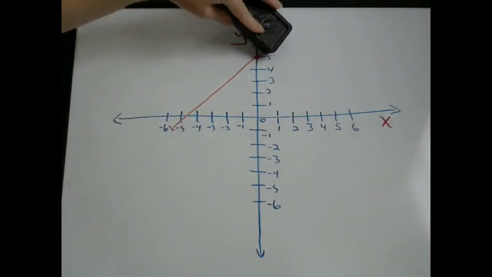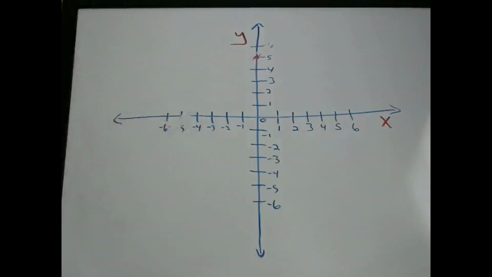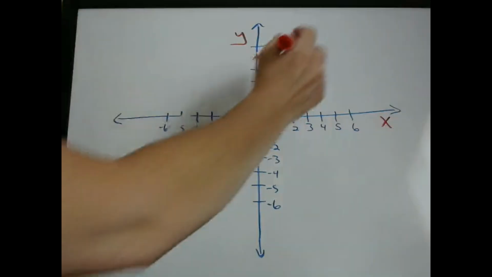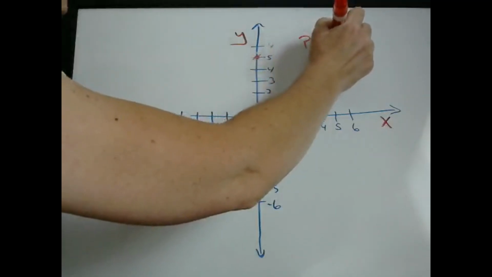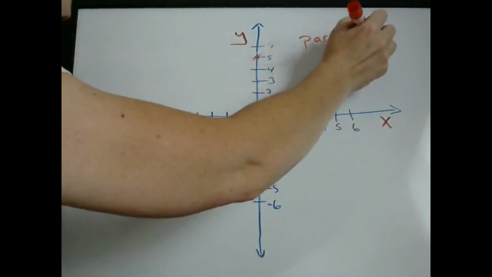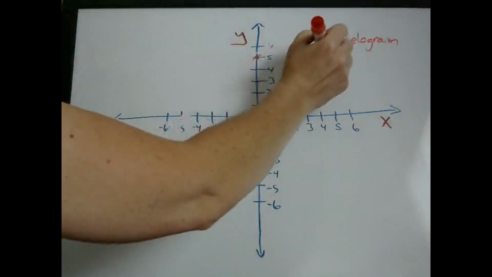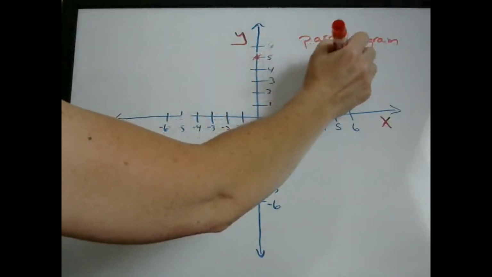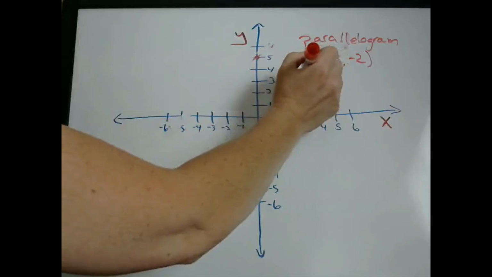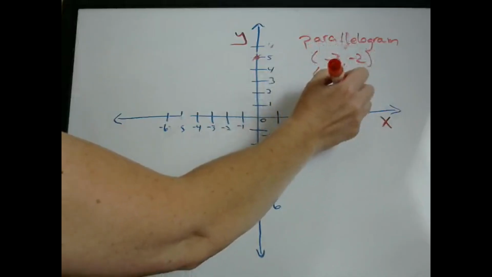One other way that they might test you on graphing and plotting is they may give you some points, for example, for a square or a parallelogram, and they'll ask you to find the last point. So let's say they give you a parallelogram, and they give you 3 points: (-3, -2), (-1, 2), and (3, 2).